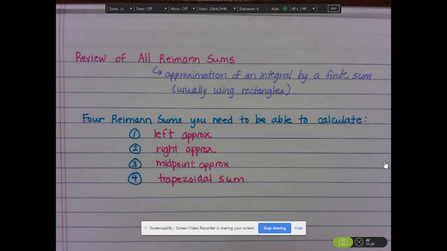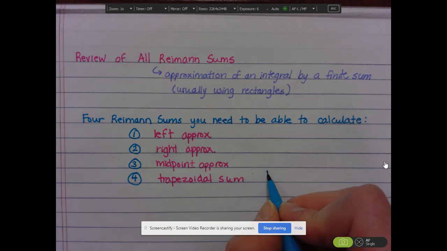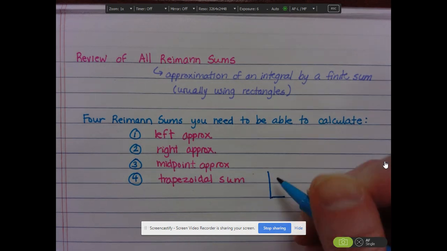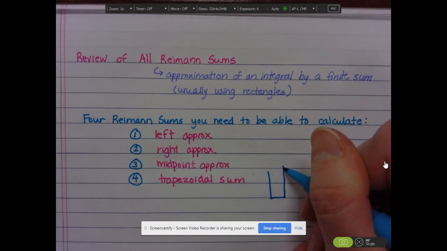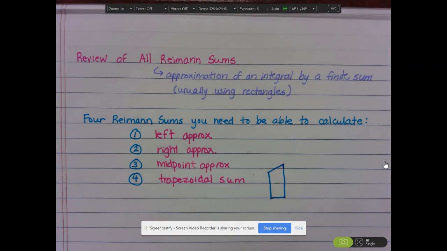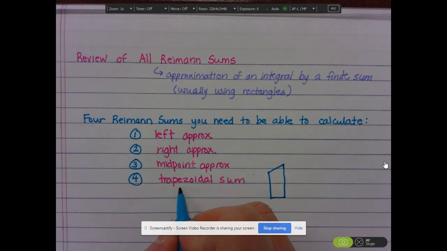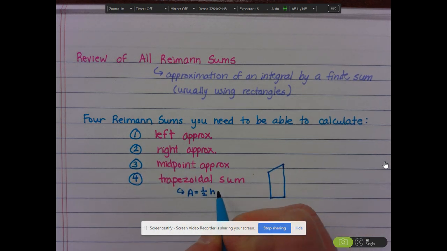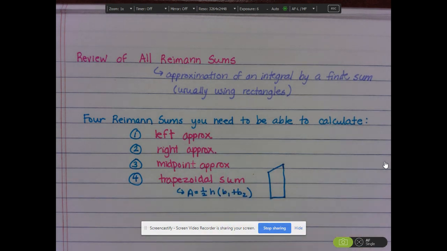This requires us to actually know what the area formula is for a trapezoid and such. So I'm going to just kind of draw the trapezoid kind of like this. So imagine it's going to fit an area under a curve a little better actually than just using rectangles. So a trapezoid, its area is 1/2 the height times base 1, the sum of base 1 and base 2.